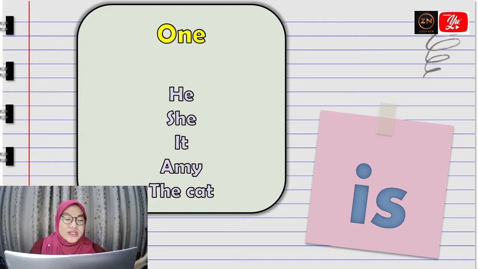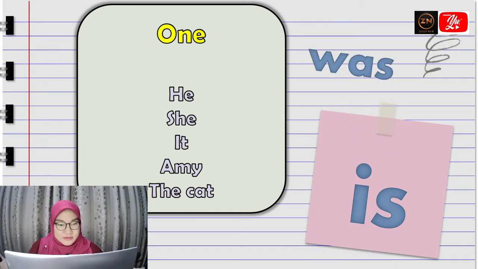So when you have these kinds of subject in your sentence, then you need to use the singular verb to be, which is is, and the past tense form for that. When you are talking about something that has happened in the past, you use was. Okay, so far so good.